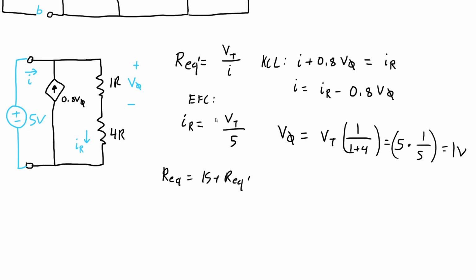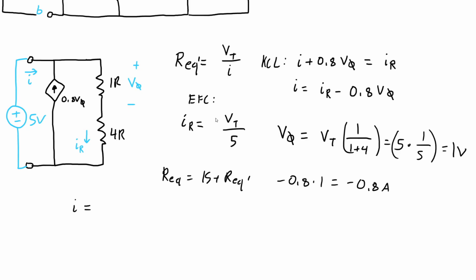So if V phi is 1 volt, 0.8 times V phi is 0.8 amps. So we can find the I, which is our test current.